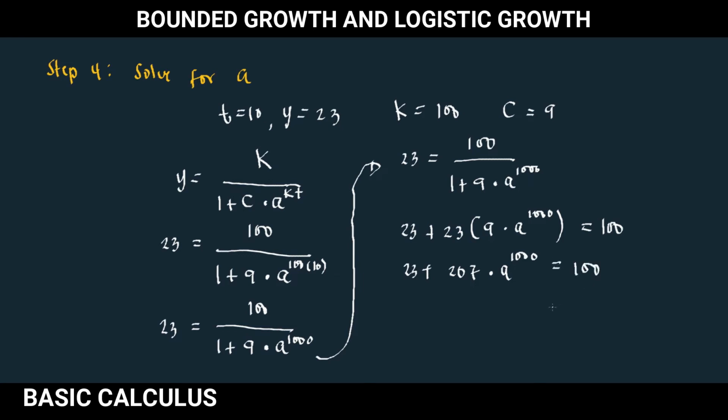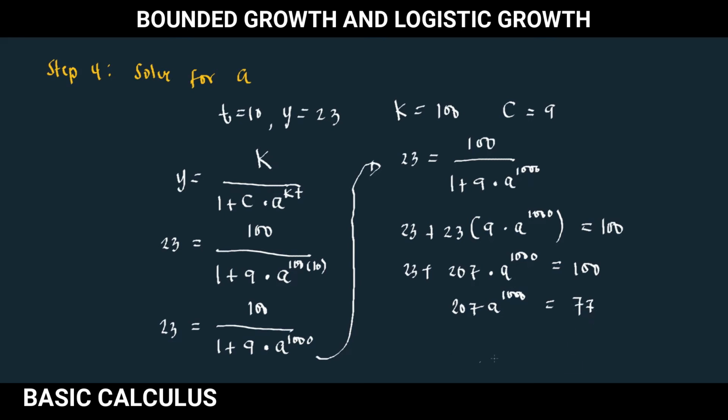Then the next thing that we need to do is isolate the A variable. So first let's add both sides by negative 23. So we are left here on the left side with 207 A raised to 1000. On the right side we have 100 minus 23, so that is equal to 77.